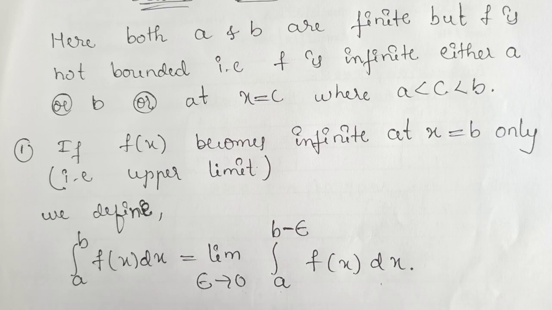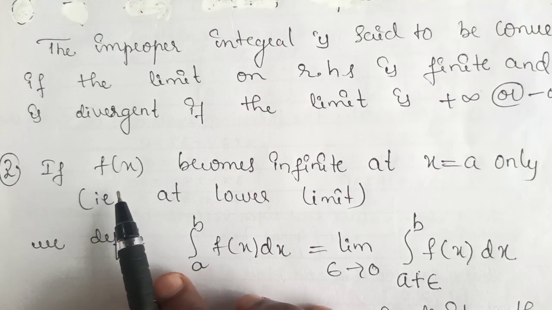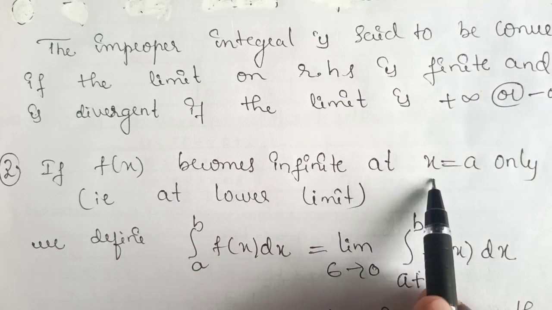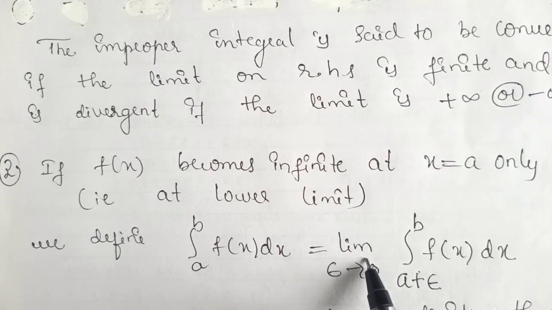We will do the same when f of x becomes infinite at x equals a, that is, the lower limit. So see here, this is the second case where f of x becomes infinite at x equals a only. In this case also we define the given integral as limit epsilon tends to 0, integral a plus epsilon to b f of x dx.